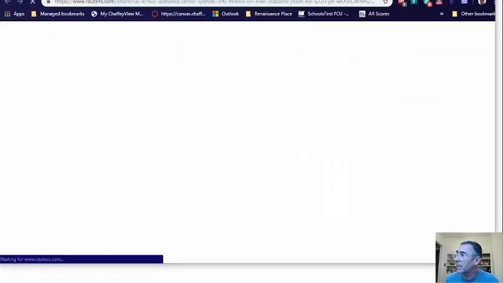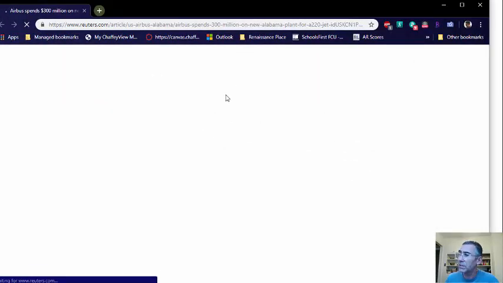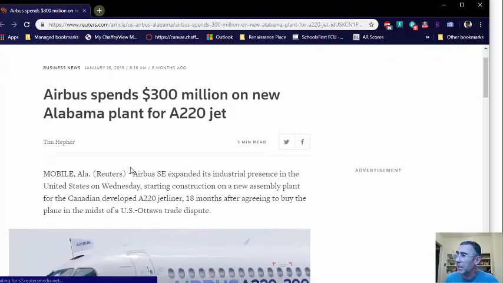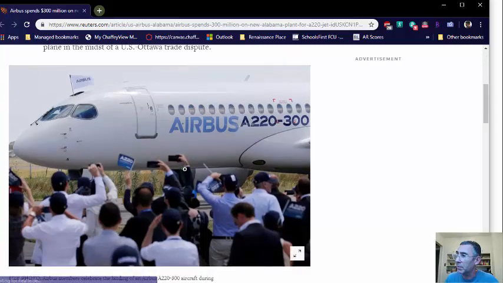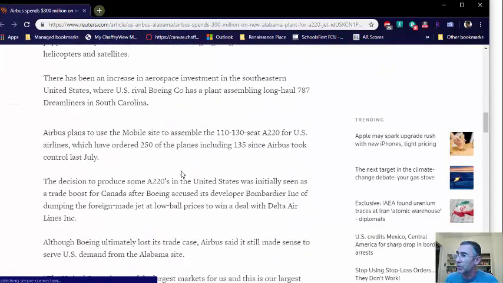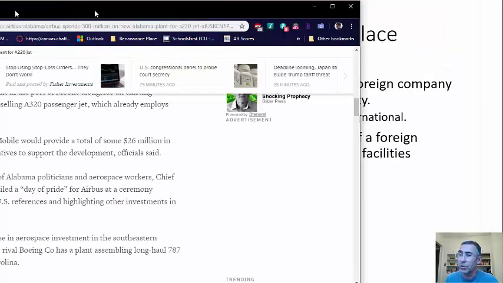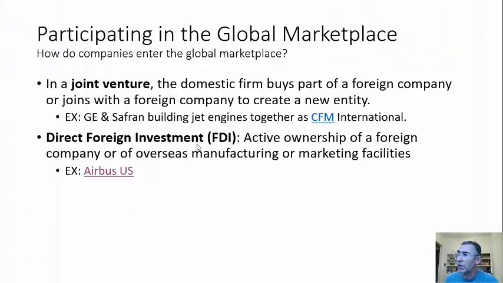What if we decided to come to the U.S. and actually make airplanes in Alabama? And so, $300 million later, they're making the A220 jet in Alabama, which is purchased by a bunch of American passenger companies, right? So that's called FDI.